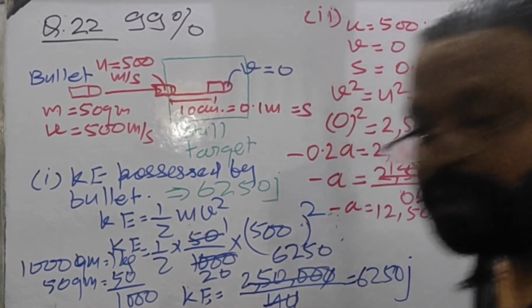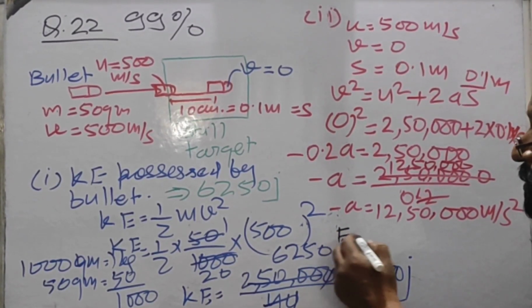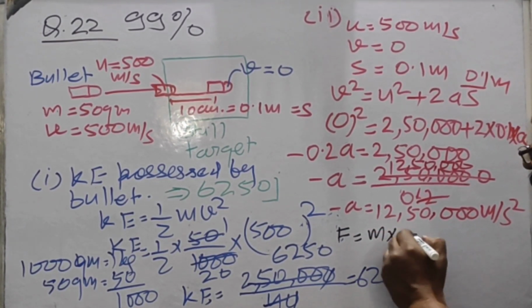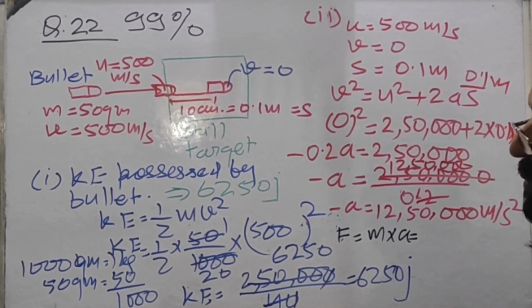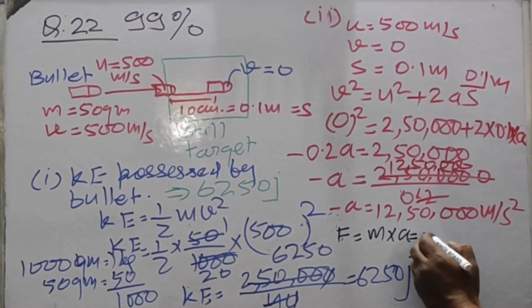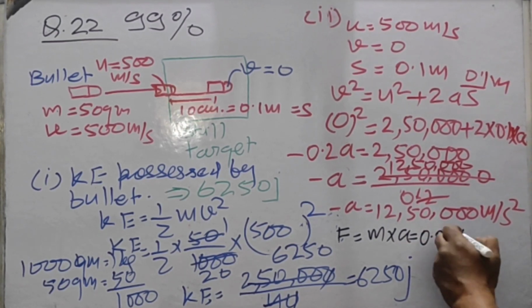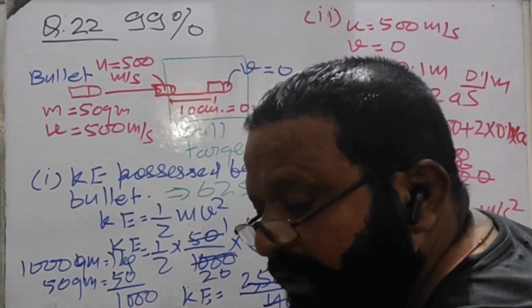Now force is equal to retarding force. F is equal to m into a. m is 0.05 kilogram, that is 50 upon 1000.